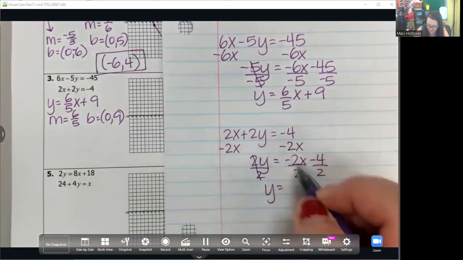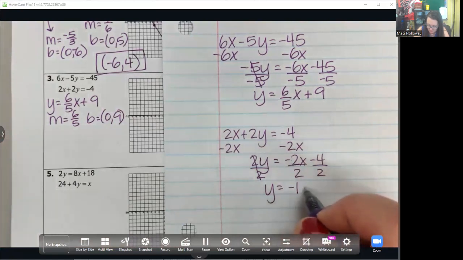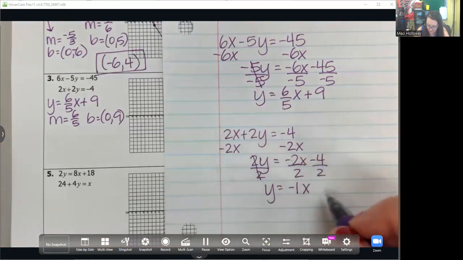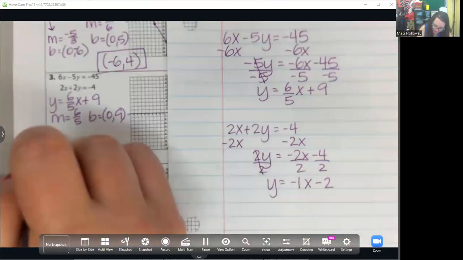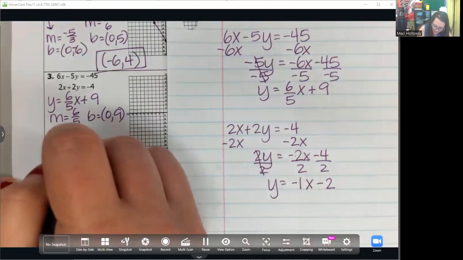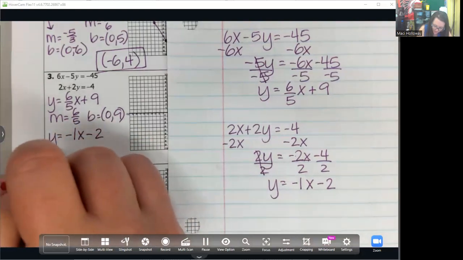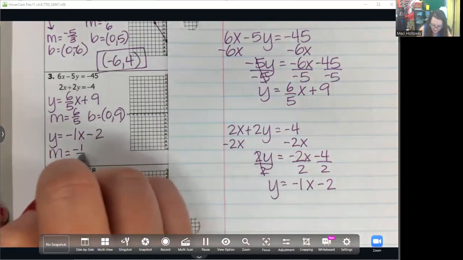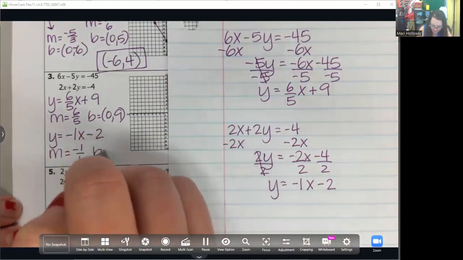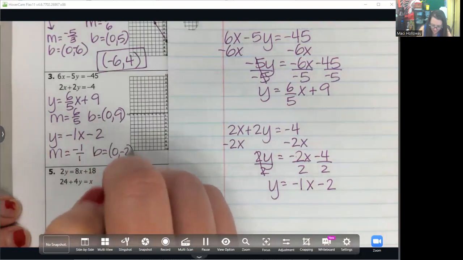Y equals negative 2 divided by positive 2 is negative 1x. Negative 4 divided by positive 2 is negative 2. So rewrite it in slope intercept form, and our slope would be negative 1. And if I make that into rise over run, it's negative 1 over 1. And then my b value is 0, negative 2.